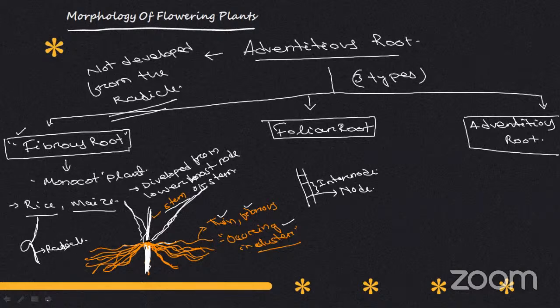But later on, from this lowermost part, there will be development of roots in a cluster. These are your fibrous roots. After a few days, this radicle which was to give rise to the taproot will disappear, it will be destroyed.